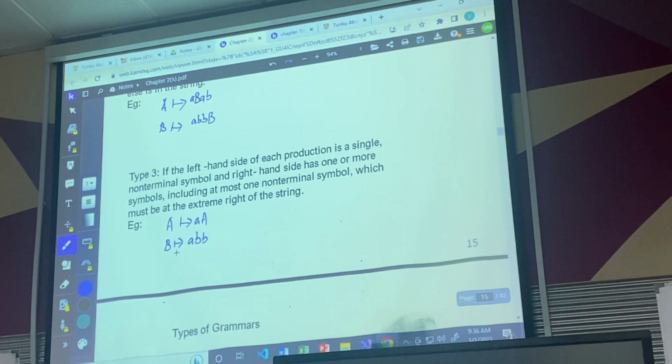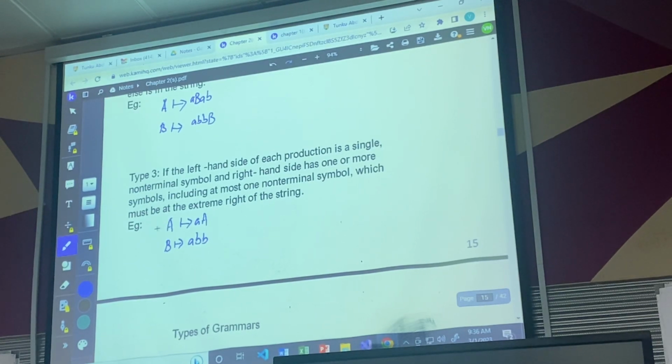Yes or no? Can I say this example is type 2 also? Yes, right? Because type 2 says that the left-hand side must have one non-terminal, which I have here, and the right-hand side has no restriction. No restriction means I can write like this also at my right side. So this one can also be a type 2 grammar.